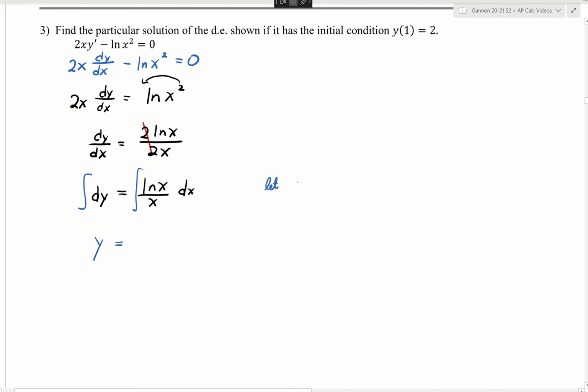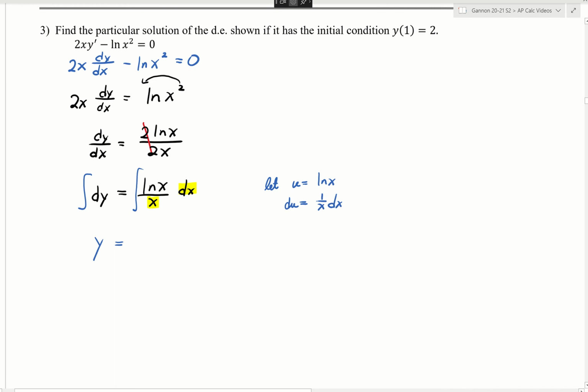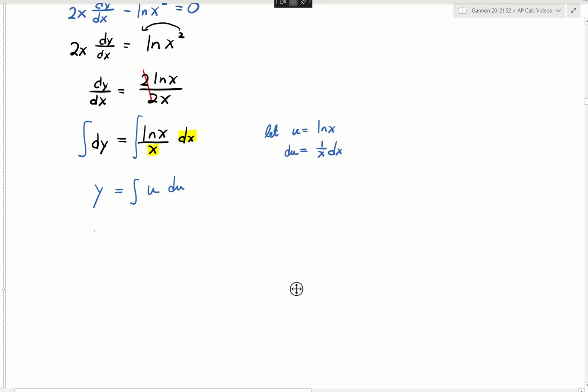We want to let u equal ln of x, because du is then 1 over x dx, and 1 over x dx is what we have right there. So using u substitution, this becomes the integral of u du. That's a little bit easier to integrate. So we're going to get 1/2 u squared plus c.